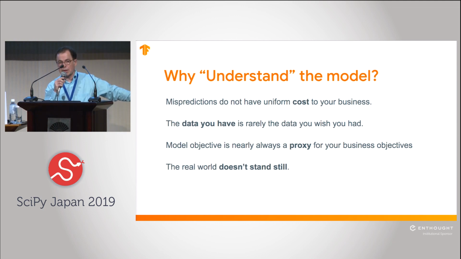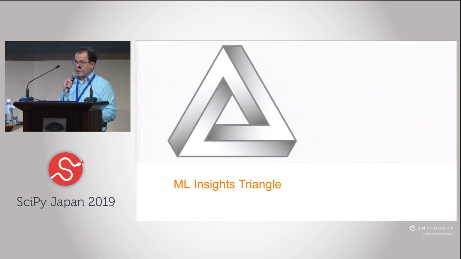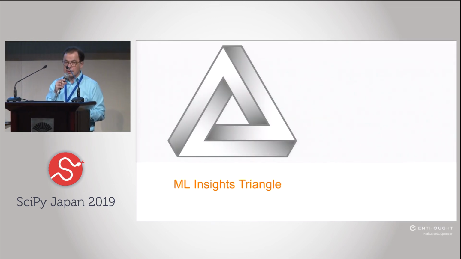We're using AUC as the model objective, but the real business objective is to minimize inventory cost. And finally, the real world doesn't stand still. Things change, and your model results will change. So we talk about something we call the ML Insights Triangle.